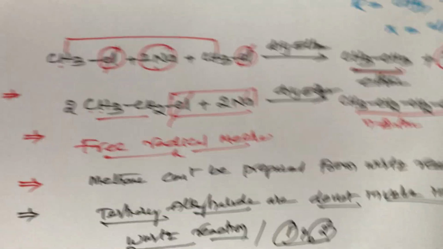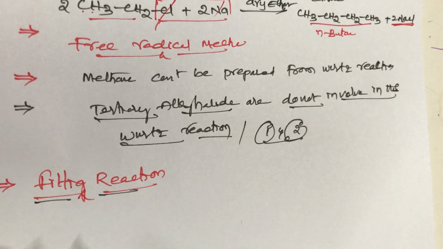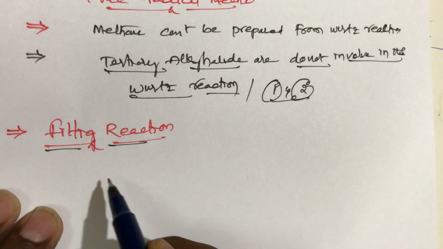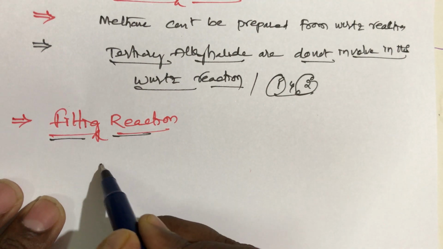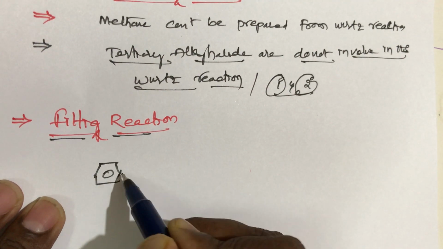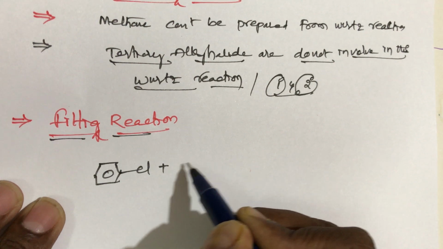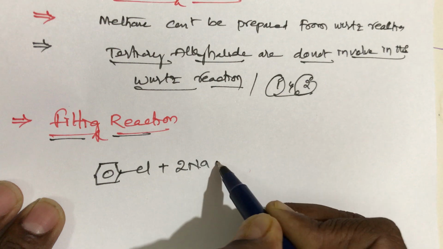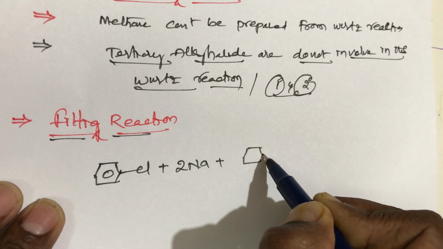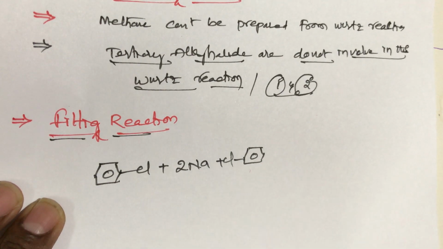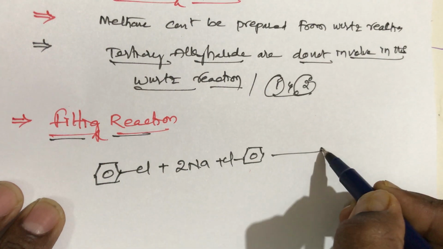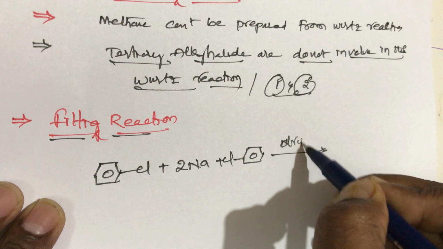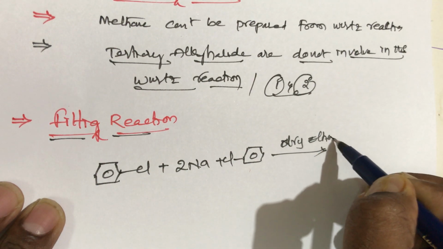In the Wurtz reaction only aliphatic compounds are involved, but in the Fittig reaction only aromatic halides, that is aryl halides, are involved. For example, when chlorobenzene reacts with sodium metal, here also 2 moles of chlorobenzene are involved in the presence of dry ether.